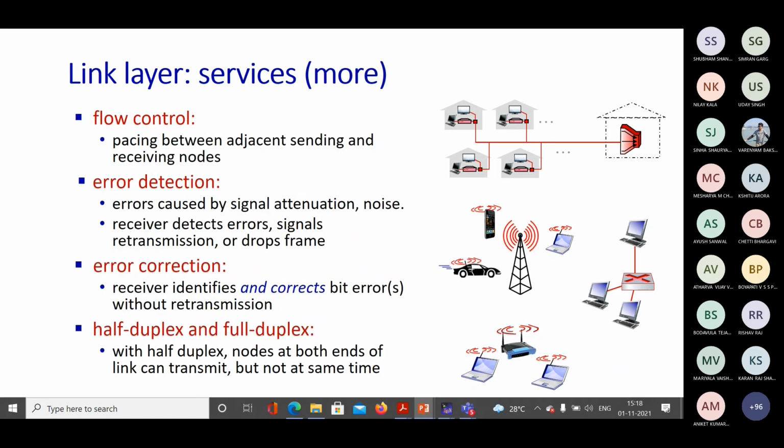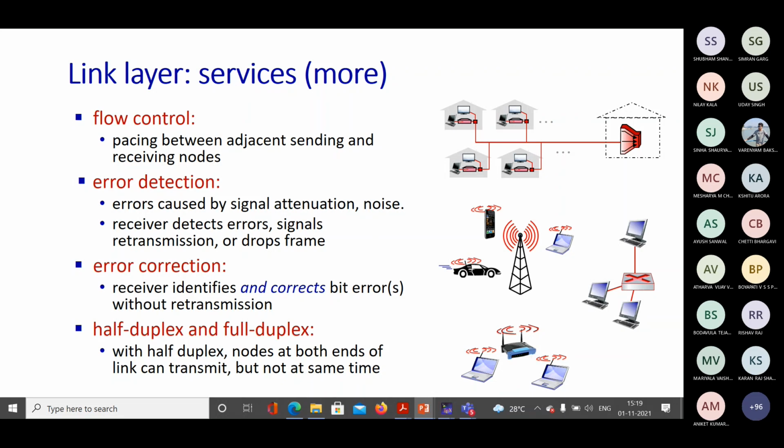All right. So what are some more services that the data link layer will provide? Of course, flow control, then error detection and error correction. Flow control is how much data can be sent between adjacent nodes. Error detection: errors can be caused by signal attenuation and by noise.